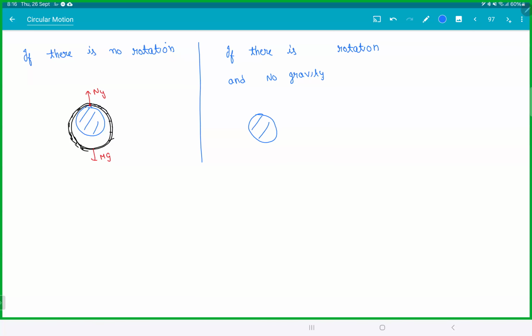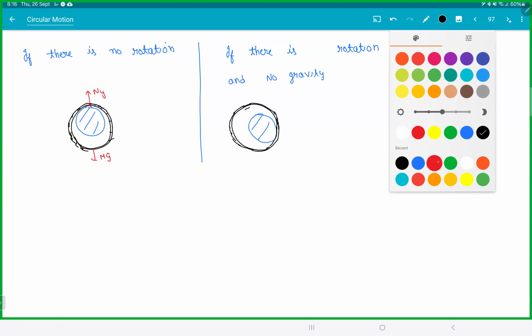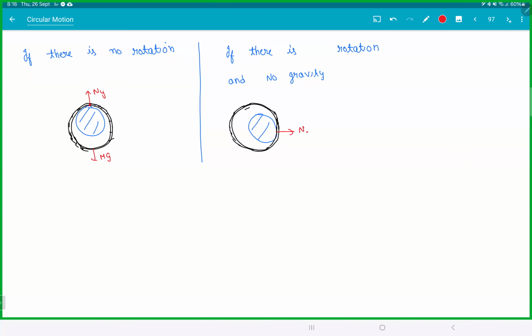This would be the rod, and the ring would look like this, touching here. This will provide the normal reaction Nx, which is responsible for the tangential acceleration. Don't forget, it has an alpha, so the tangential acceleration is R alpha. Here Nx will be equal to mass times a tangential.